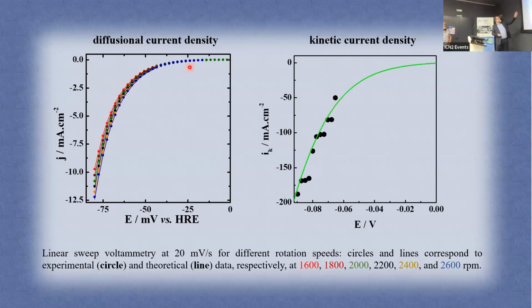The best onset potential for these materials is close to minus 160 millivolts versus the reversible hydrogen electrode. In our case, it is close to 60. It is very, very low.